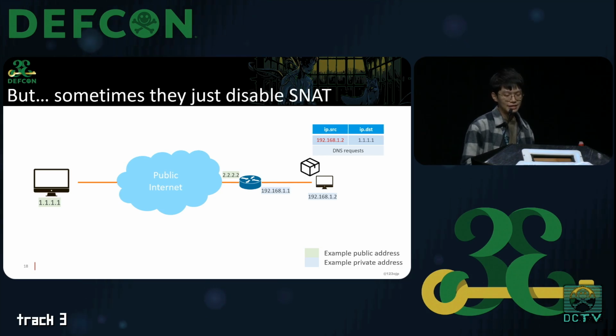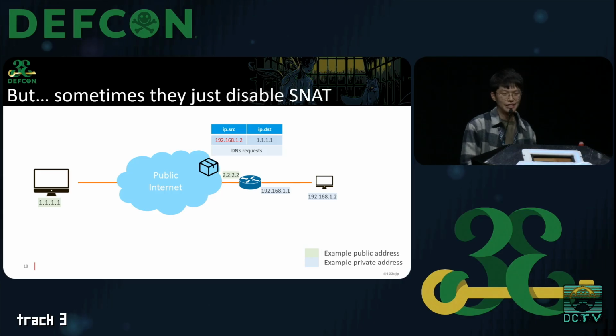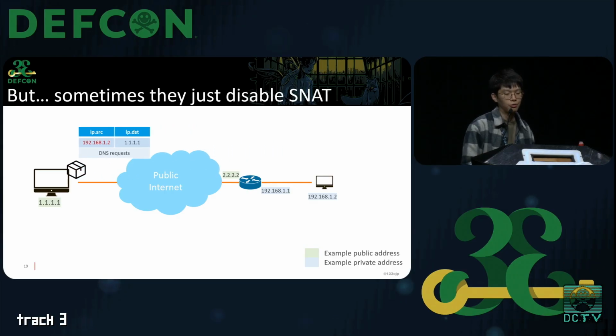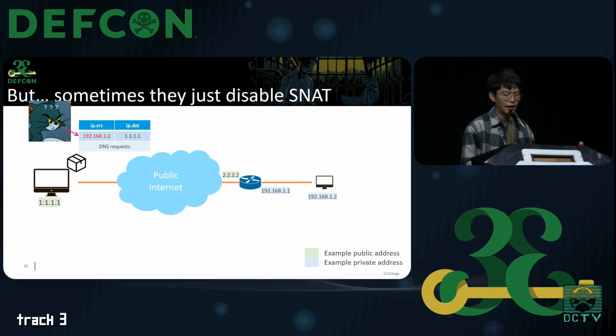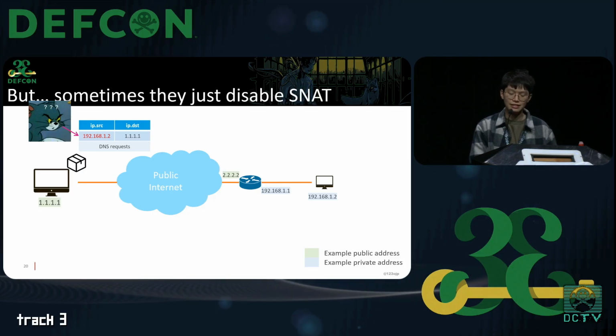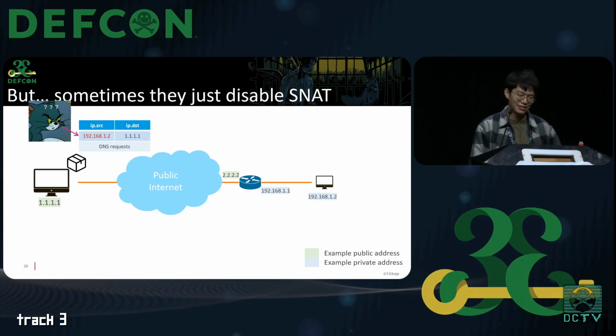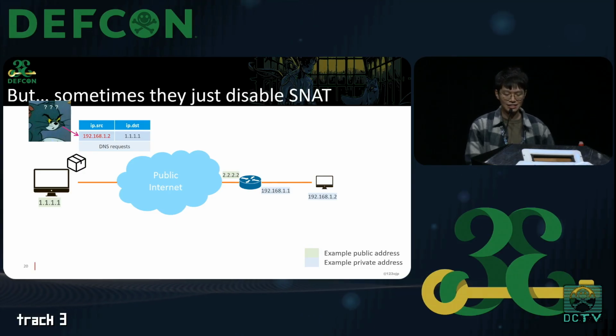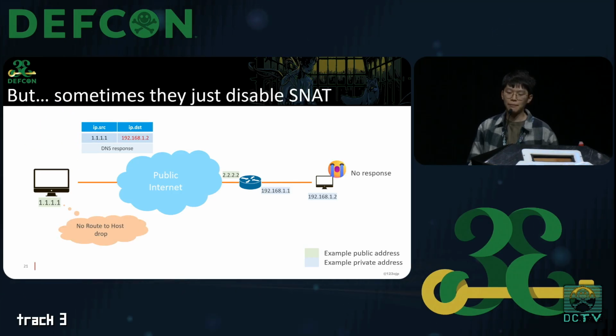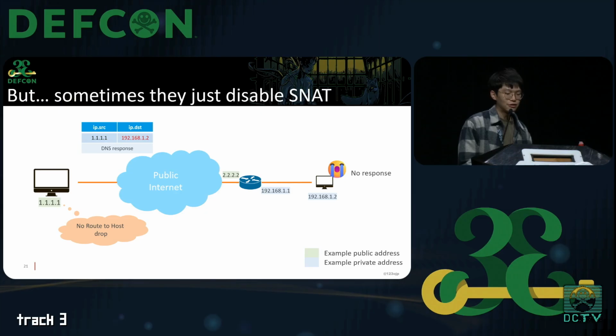However, we see some IT just disabled the NAT mechanism on the router. So the packet will still be forwarded out to the wide area network. And the remote server will receive that packet and see that the source IP is not valid. So it will either drop that packet or respond to an unknown address. And the client will not receive the message.